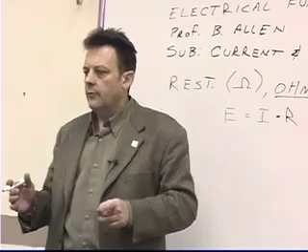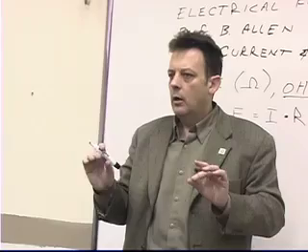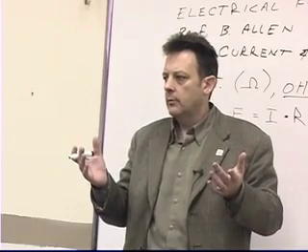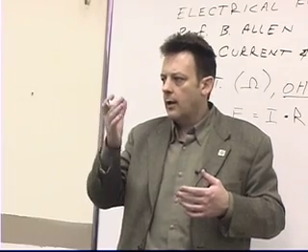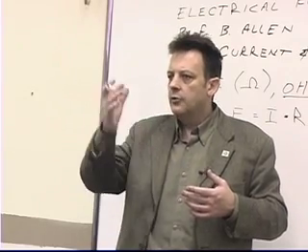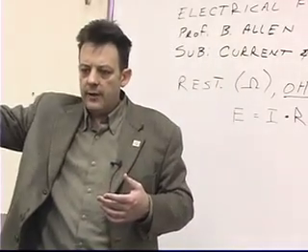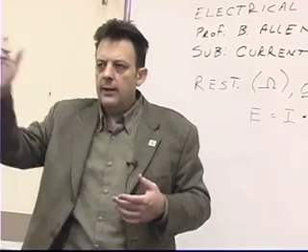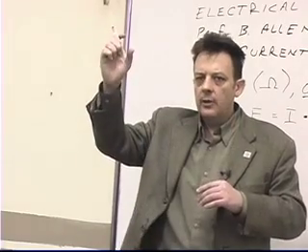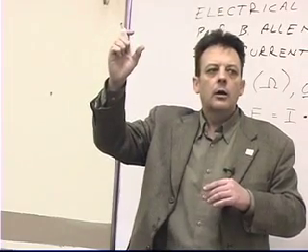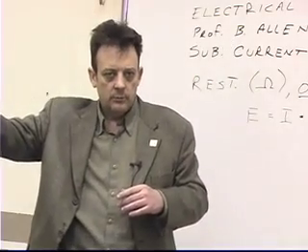Valence electrons are the electrons in the outermost shell of the atom that you're dealing with. Conductors are atoms whose valence electrons are easily moved out of the valence shell. Insulators are atoms whose valence electrons are difficult to move out of the valence shell.